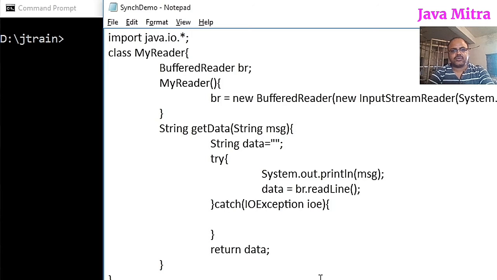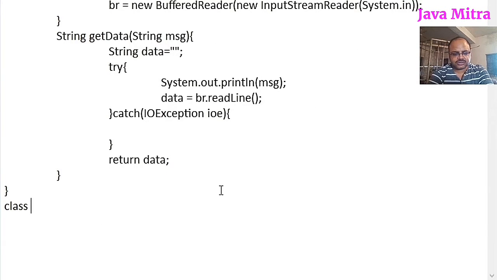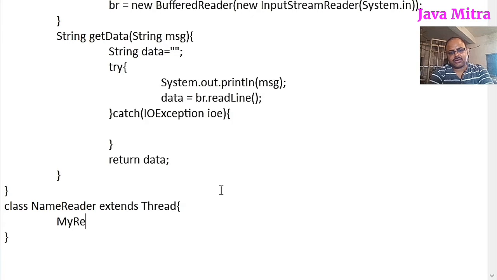Now let us create two threads. The first one is class NameReader extends Thread, with a data member reader of myReader class, and the constructor to initialize it.